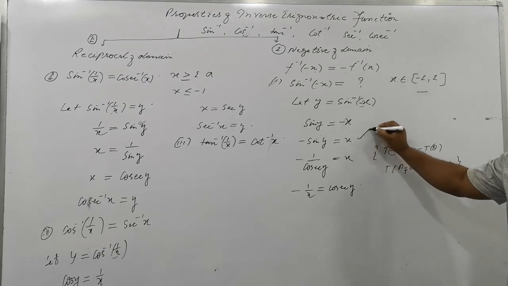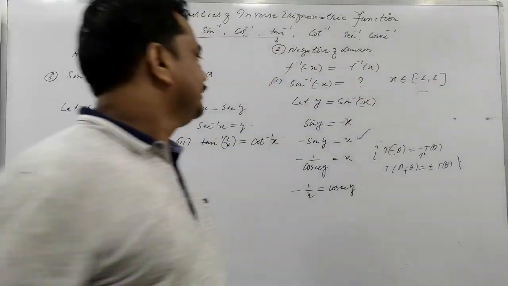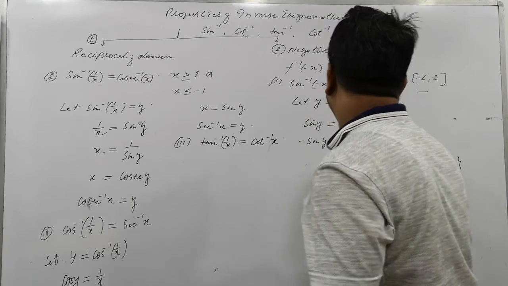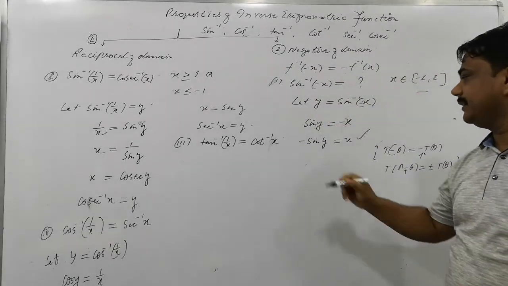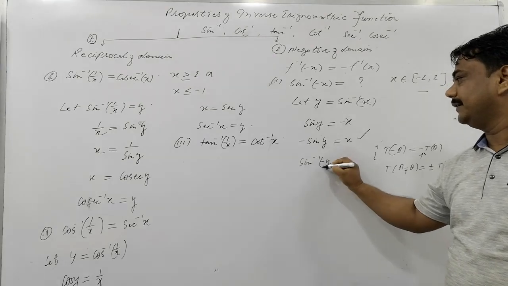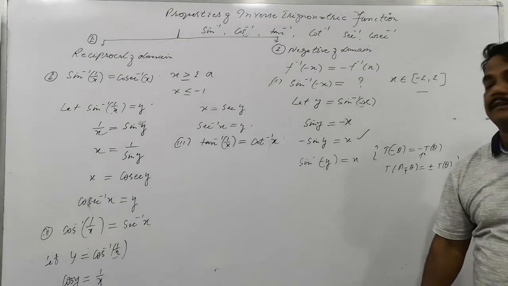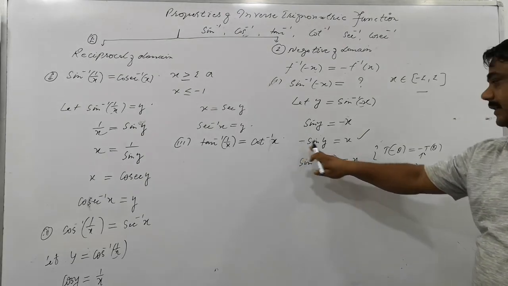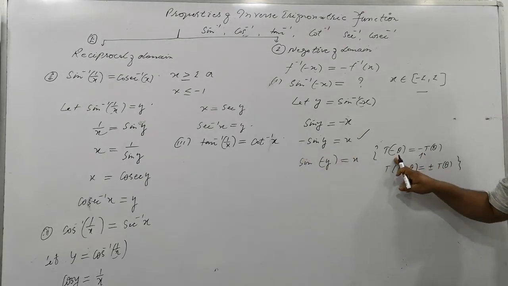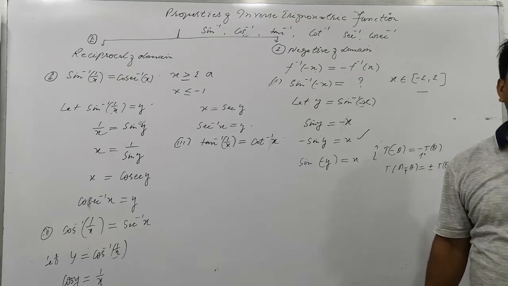Well understood? So look, this can be written as sine of minus y. No, sine of y. Can we write this or not? The minus can be taken inside. This happens only for 4 functions, except sec and cos, which do not work for this.